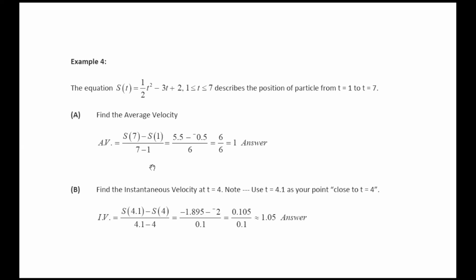We put 4 into this function, do the arithmetic, and we get negative 2, and then minus 1.895. Minus a minus 2 means add 2, and so we get 0.105 divided by 0.1 is 1.05. That's an approximation of your instantaneous velocity. Okay.